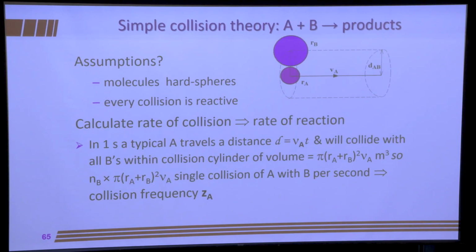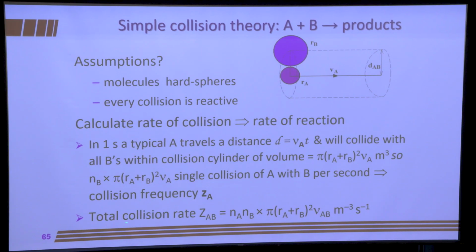So NB times pi times (RA plus RB) squared times nu A single collisions of A with B per second will occur, right? And that's the collision frequency, ZA.